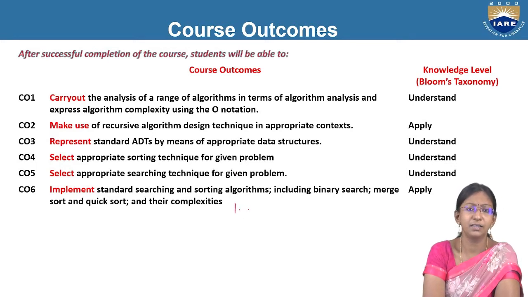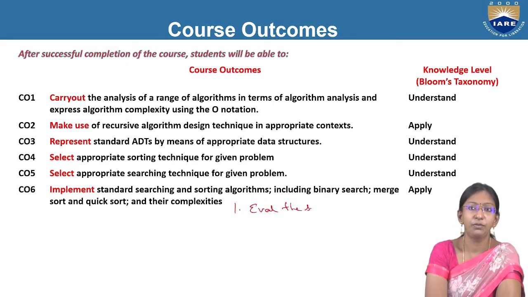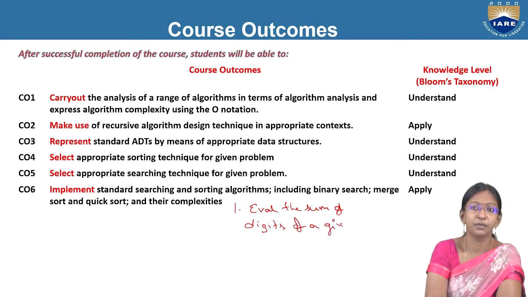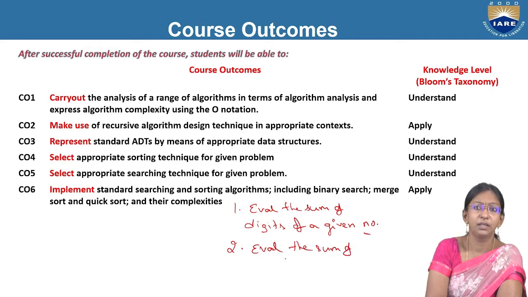For example, there is the first question. The question says to evaluate the sum of digits of a given number. This is one problem. And the second one is evaluate the sum of a four-digit number.